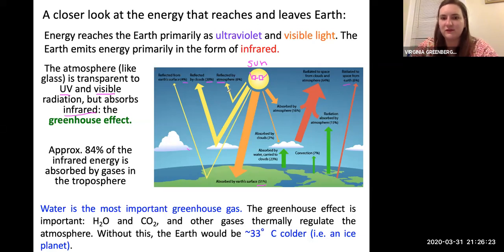Okay, so there's lots of different processes that contribute to light coming in and exiting then the atmosphere. And most of the infrared light is absorbed by gases in the troposphere, which is, of course, the layer of the atmosphere where we live.